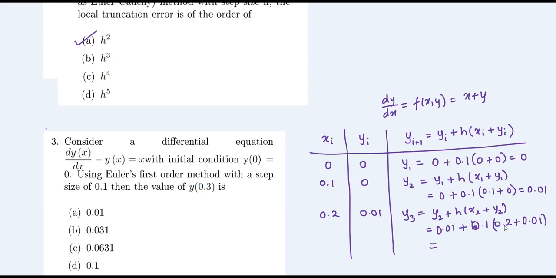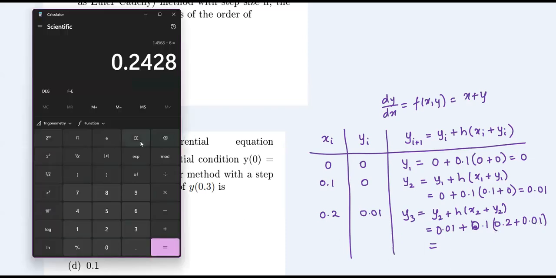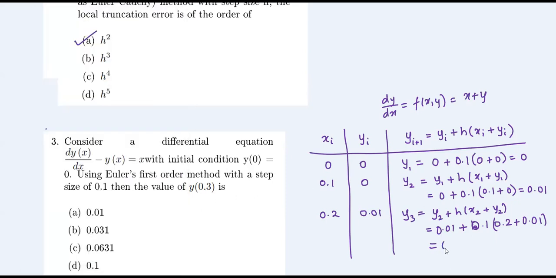So this will be 0.21. 0.21 into 0.1 is 0.021 plus 0.01, 0.031.